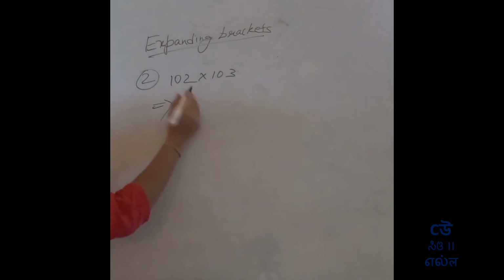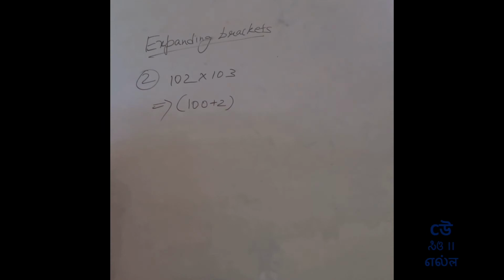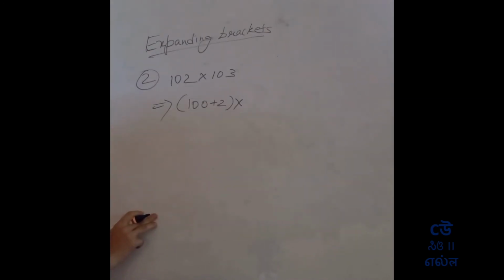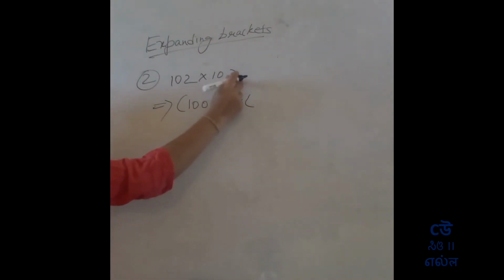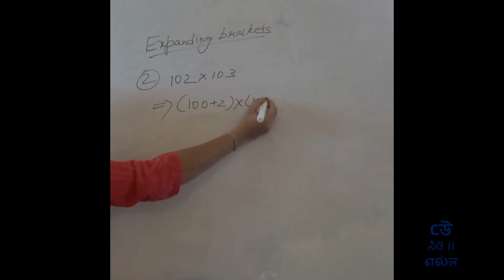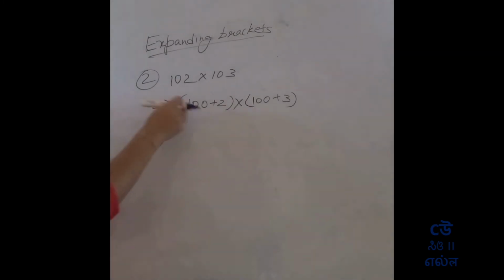Expand the numbers. So 102, how will you expand? 100 plus 2. 100 plus 2 is how much, children? 100 plus 2 is 102. What sign is there? Multiplication sign. You will write it as it is. Next 103, 100 plus 3. Next, if you solve what is in the bracket, then again you will get the same answer. So what will you do now?